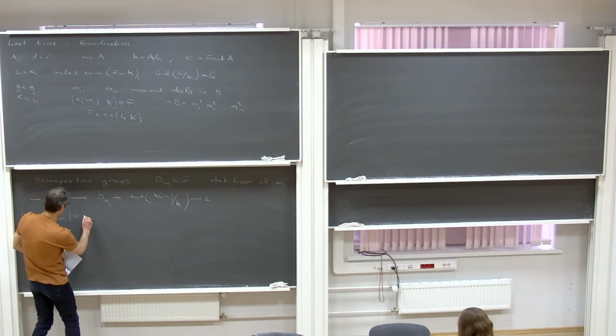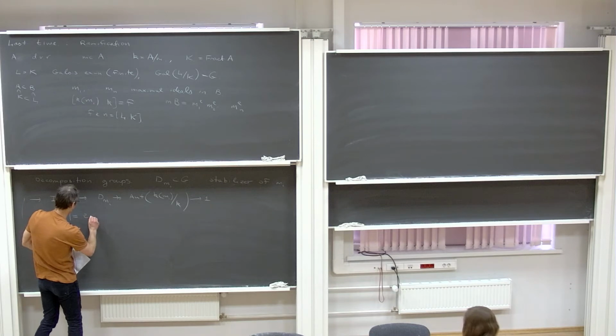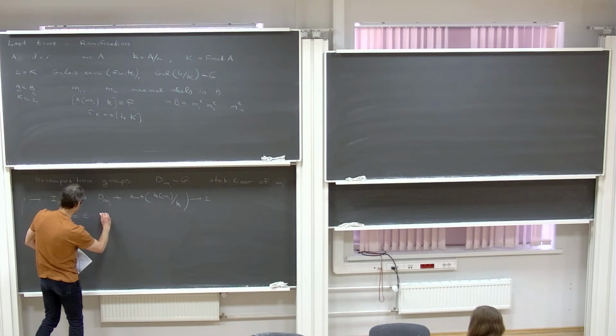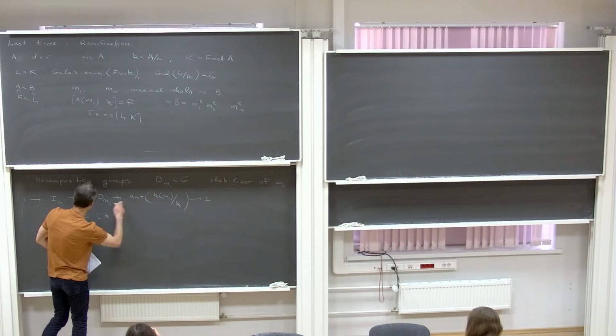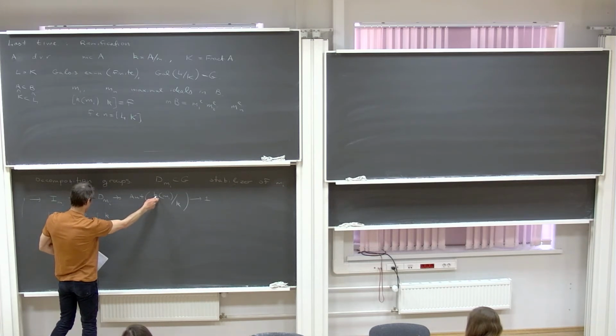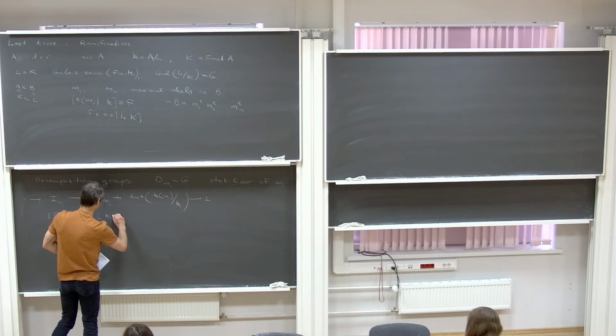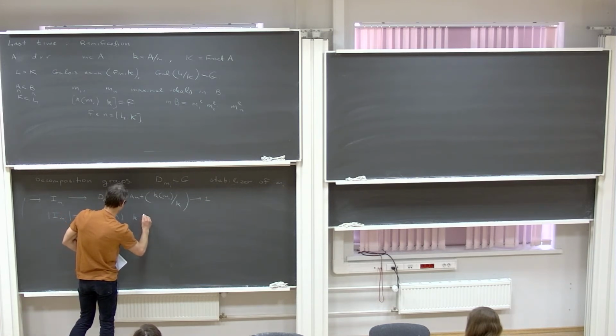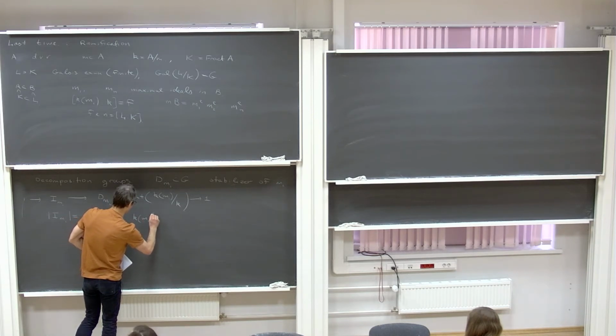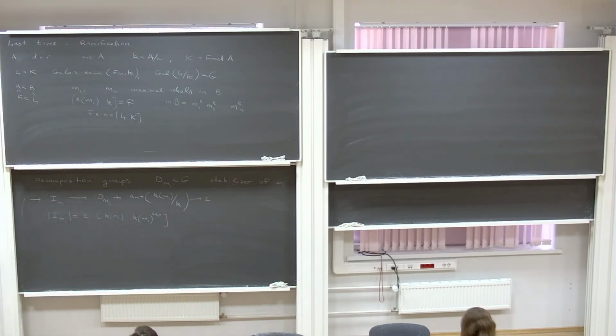I claim that this is E times the degree of, it's equal to E if this field were separable, but otherwise it's the inseparable degree. So K of Mi separable, right? So why is that?